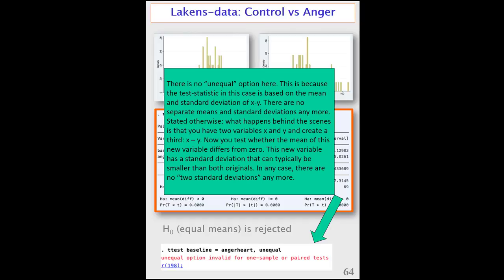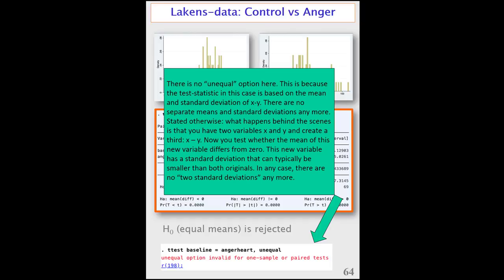What's actually going on is that a variable is created that is equal to the difference of the two. And all the statistics is being done on the difference of these two variables. That means that, in effect, we're only testing one variable here, and so there aren't any unequal variances. For that, you need at least two variables, and you have only one. So none of that is actually happening here in a one-sample or in a paired test.